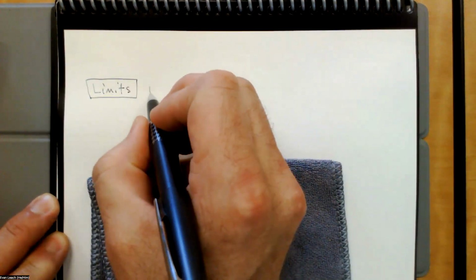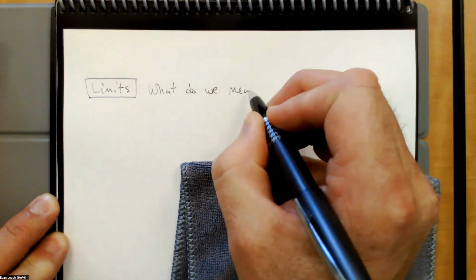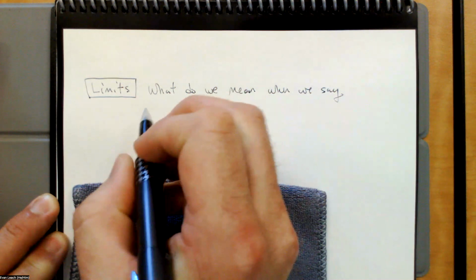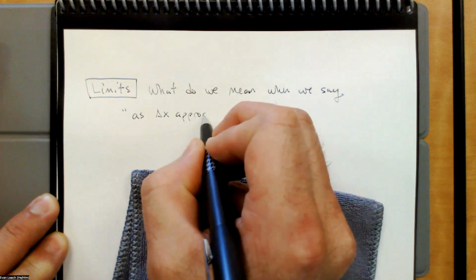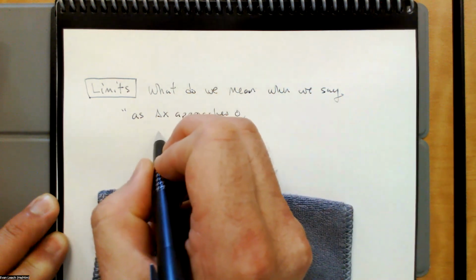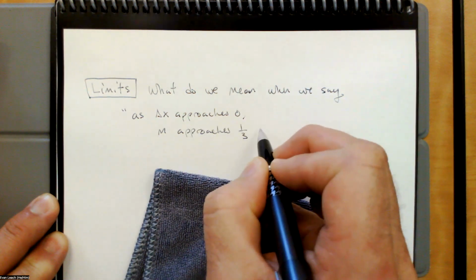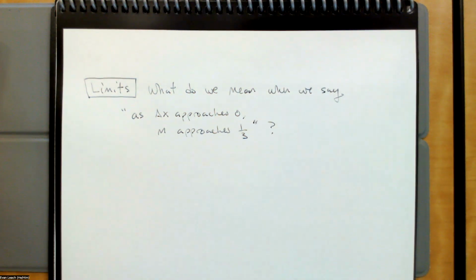What do we mean when we say this? As delta x approaches 0, the slope approaches 1/3.